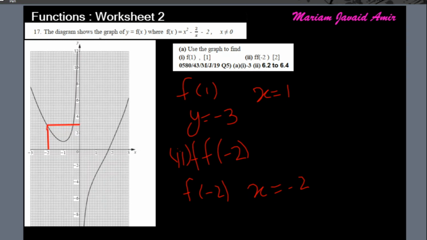Let's say it comes around 3. Now we need f(3). Now x equals 3. When x is 3, read the value of y and we get a little value over 4, and your answer should be between 6.2 to 6.4.